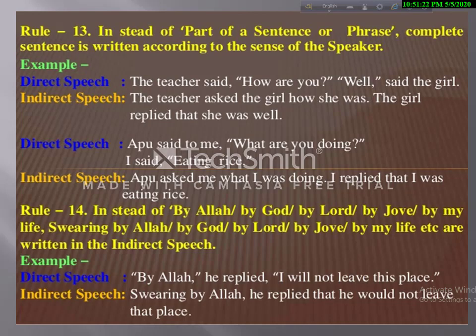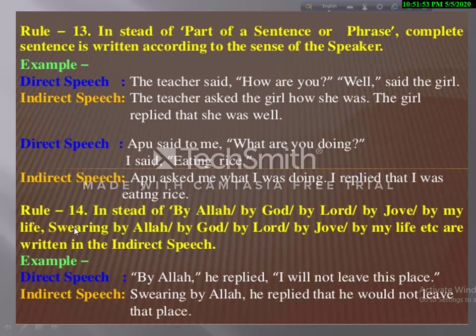I am eating rice. So at the time of making indirect speech of this sentence, you will have to turn it by writing I am eating rice and then it will be I was eating rice, and that is why here I have written I replied that I was eating rice. My dear students, I think you have understood.